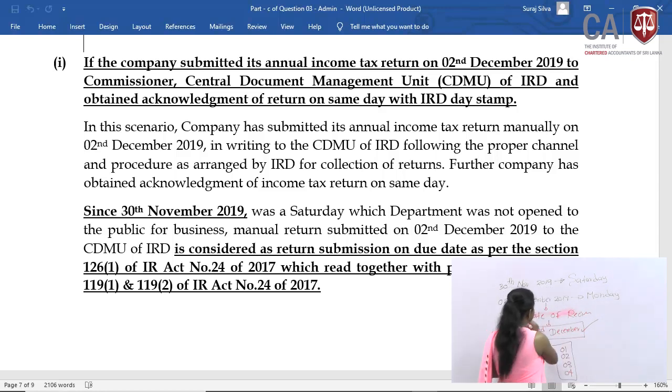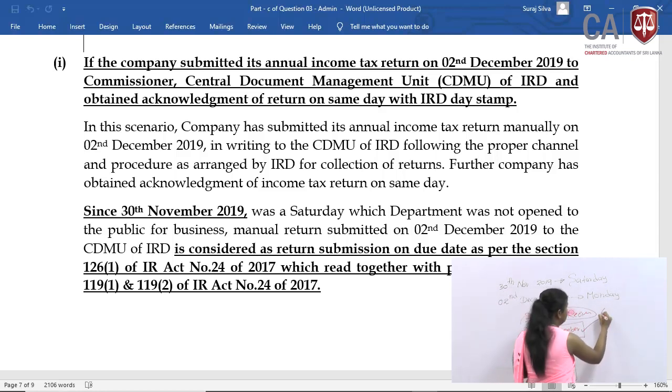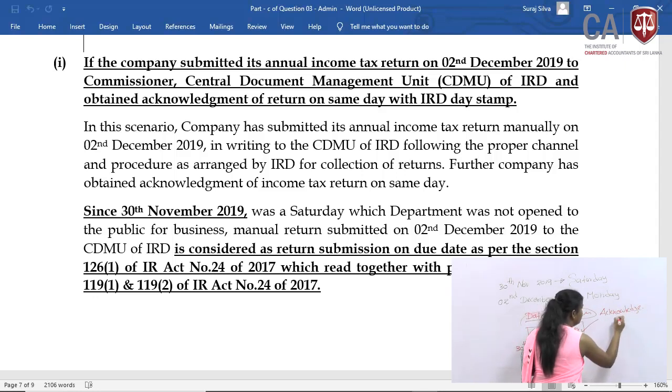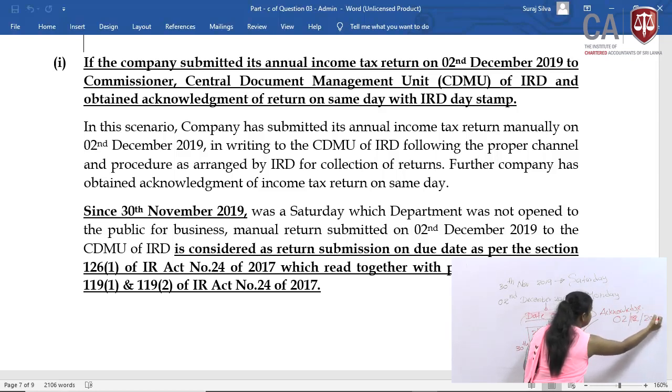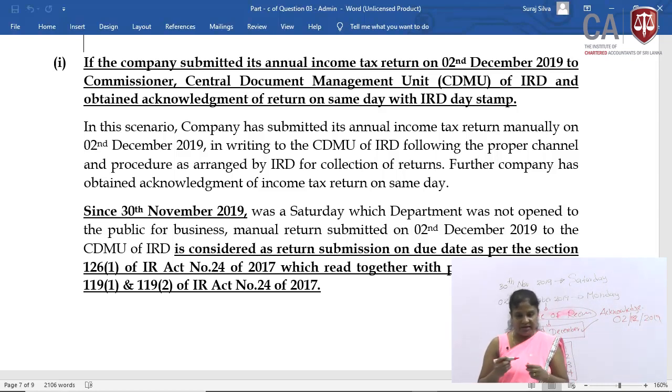Then the date of receipt or date of acknowledgement is 2nd December 2019. Now this is all the information I have extracted from the scenario.